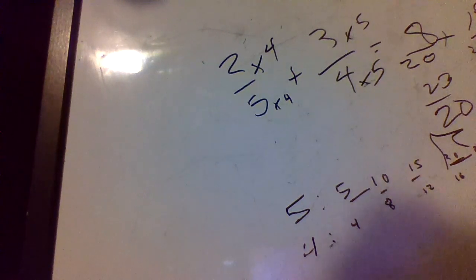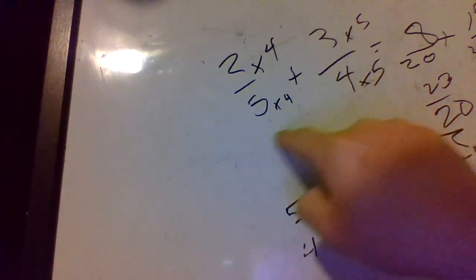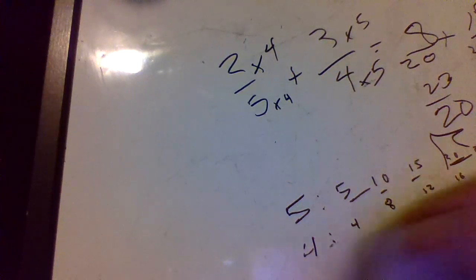Now, we'll get to changing that to a mixed number later in a different video, but for now, you should know that that's how you add fractions with different denominators. And that was a little different than we've done previously because neither of these denominators are multiples of each other. And you'll see what I mean in a little bit.